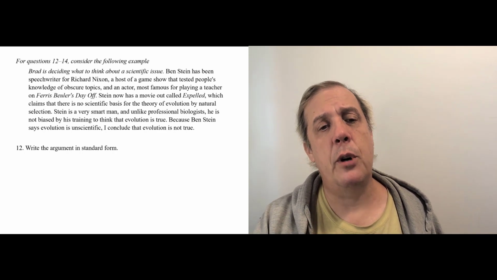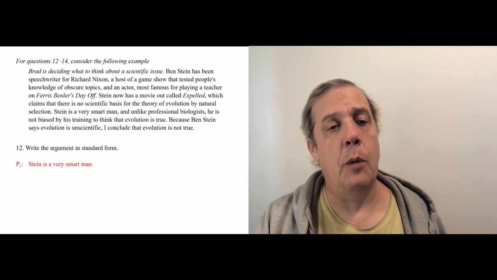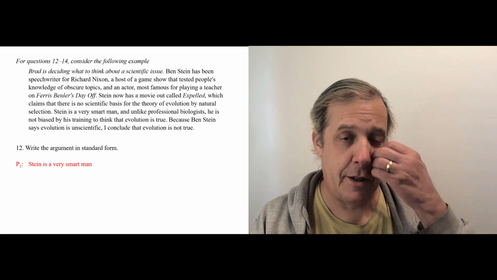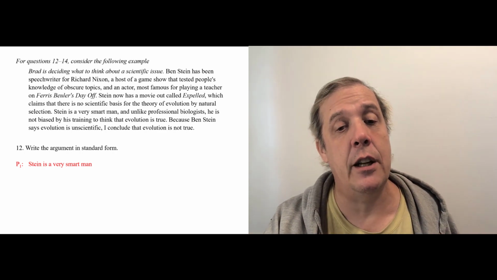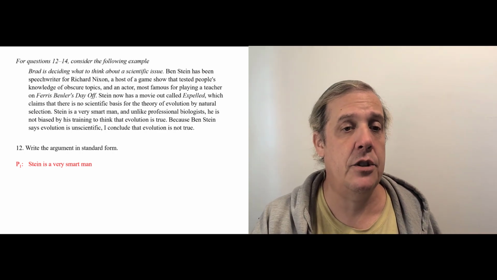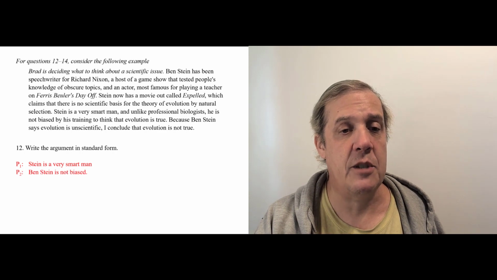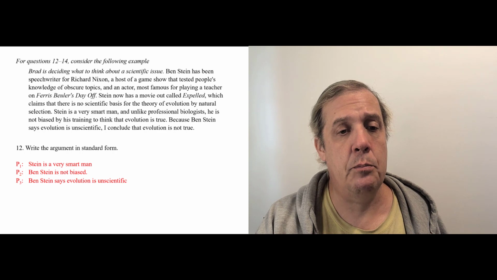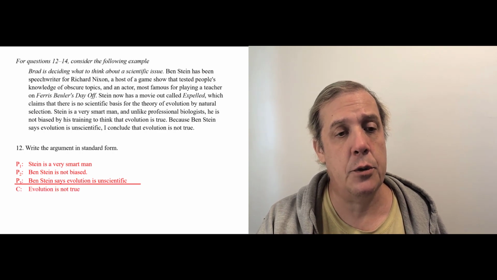Well, when we put it in standard form, the way I did it here, I just went ahead and based it on the actual statements in the passage, including Ben Stein is a very smart man, Ben Stein is not biased, and then Ben Stein says evolution is unscientific, therefore evolution is not true.